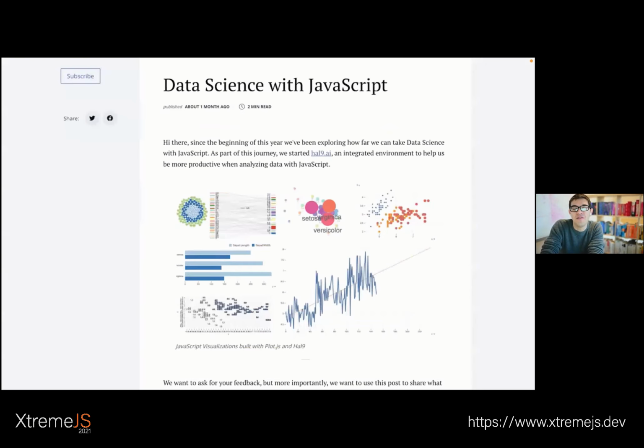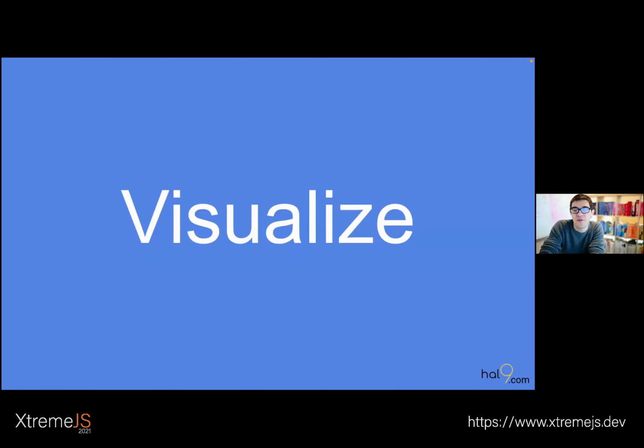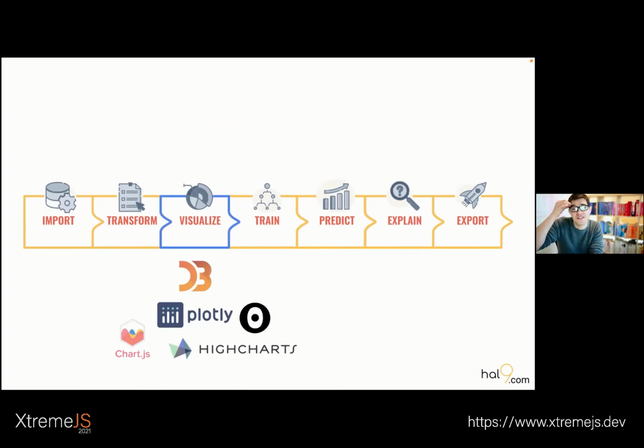All right, so if you want more details, just look at my slides and you can click this link, and I wrote a full blog post on how to do this, but we're going to jump through some of the concepts. So for visualizations, if you know JavaScript, you already know how to do visualizations in many cases. I'm sure many of you have used or have heard of tools like D3, which is a JavaScript library to do high quality visualizations, or maybe tools like Plotly or Chart.js, or even putting a div with CSS.